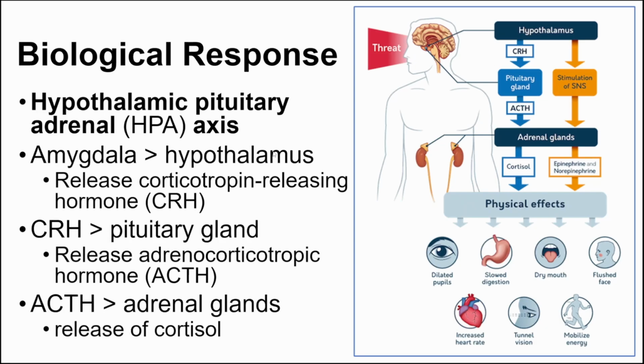So what is this specific pathway? This is something called our HPA axis, or the hypothalamic pituitary adrenal axis. Fortunately, it's named that because it makes sense. We go from the hypothalamus, which is another one of those subcortical structures. So you can see it labeled over here.